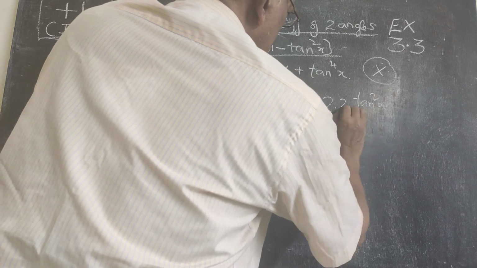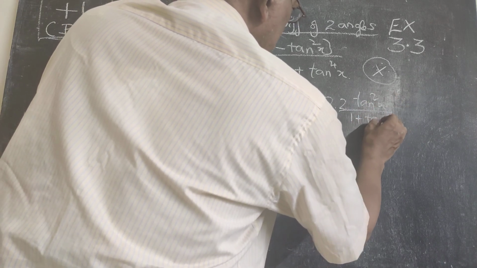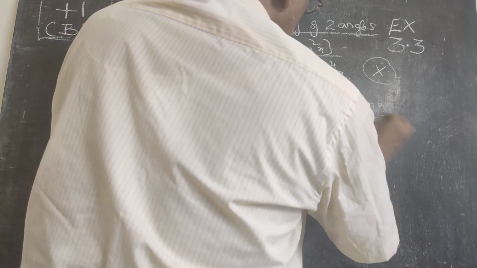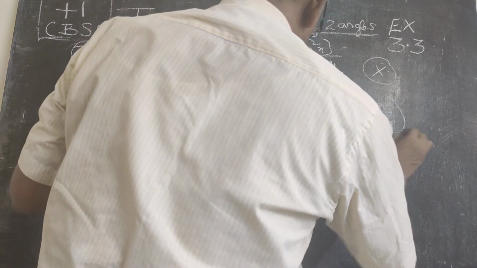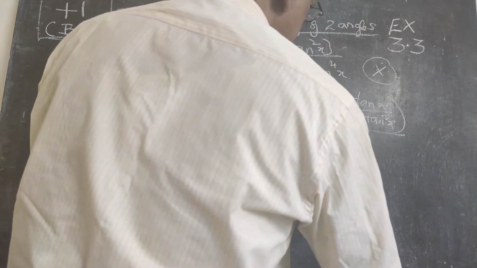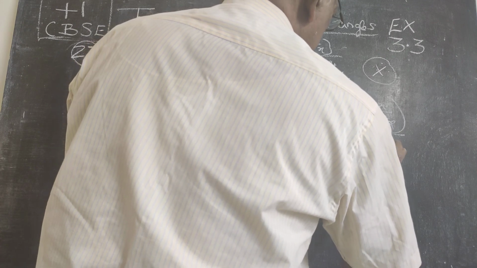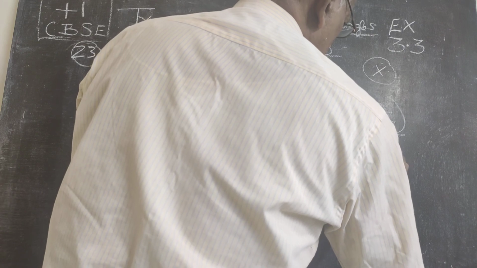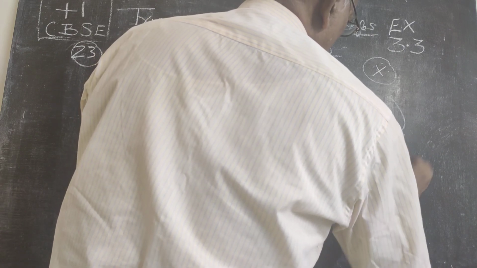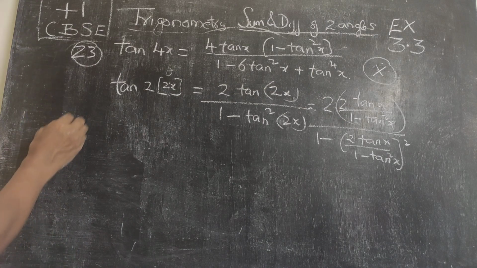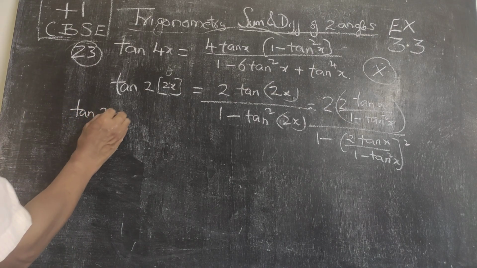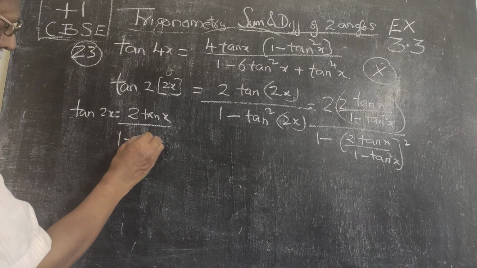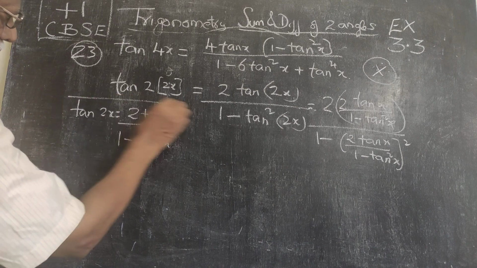Tan 2x is 2 tan x by 1 minus tan square x.